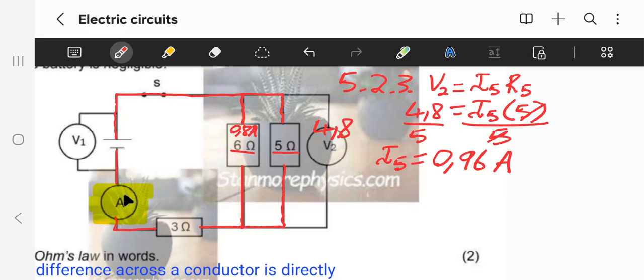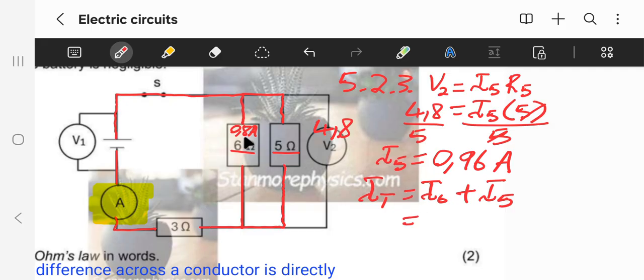We want the current flowing on the ammeter, and that is the total current. And what do we do to find current in terms of the parallel circuit? We use the formula IT is equal to, we have the current on the 6 ohm resistor, so I will say I6 plus the current on the 5 ohm resistor. So I'm going to say I6 plus I5.